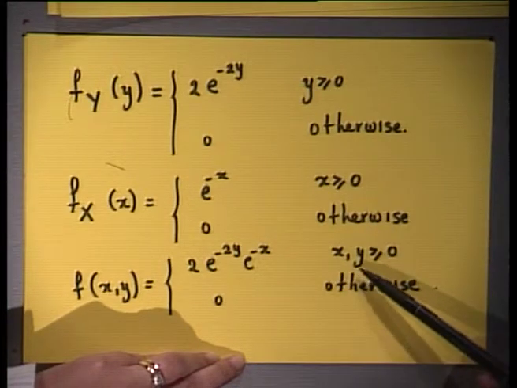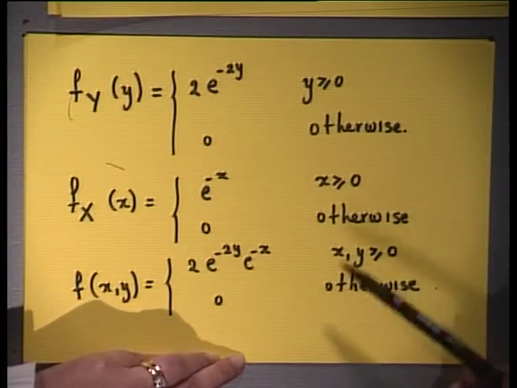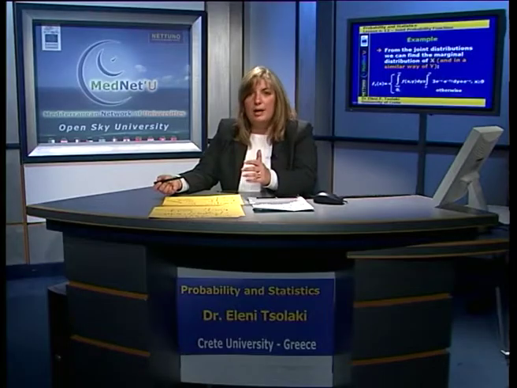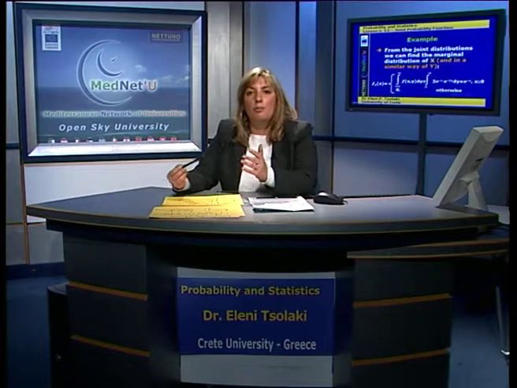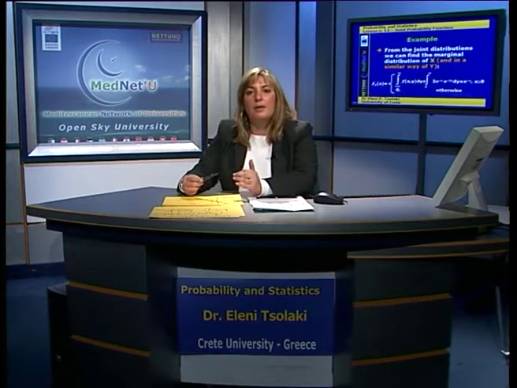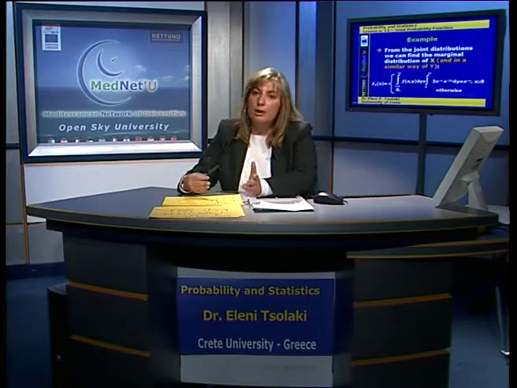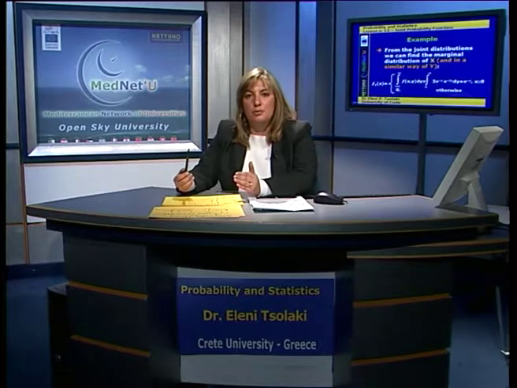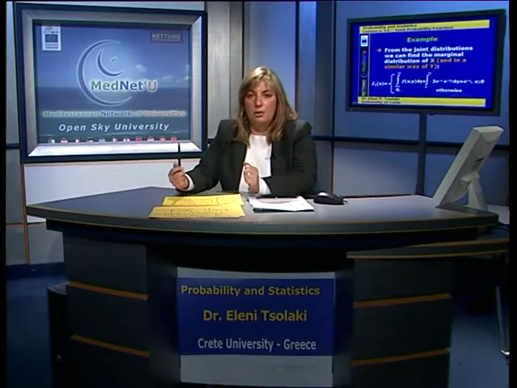If even one of them is negative, then the joint distribution function becomes 0.